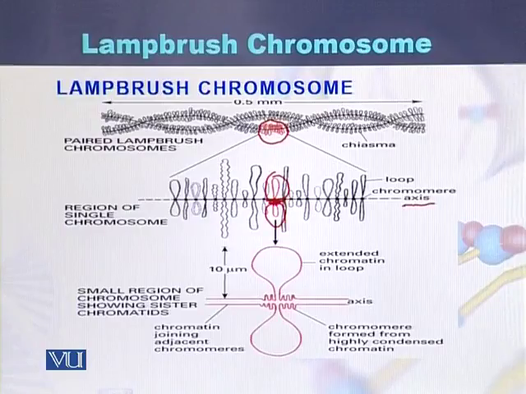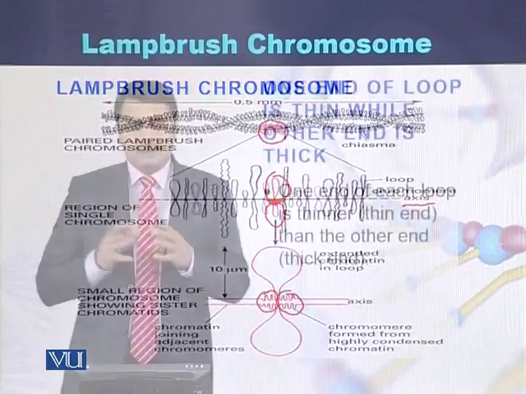This loop has been magnified and shown that where it is attached to the axis of the chromosome, the DNA of the chromatid is highly condensed when it is attached to the axis of the lamp brush chromosome.